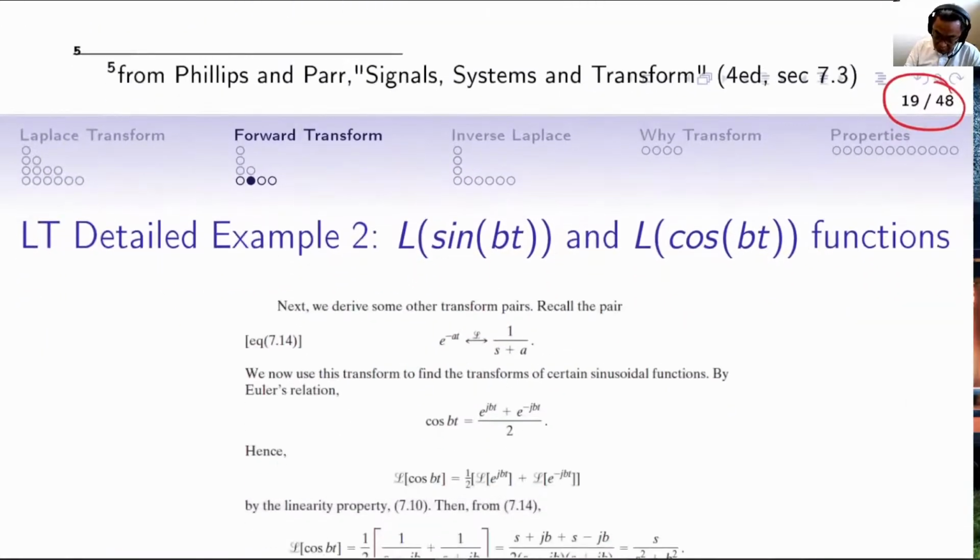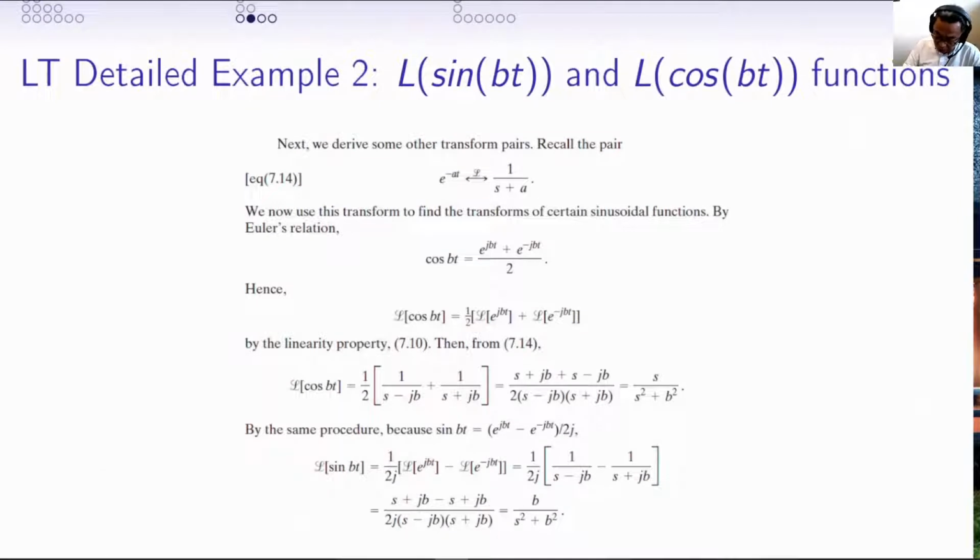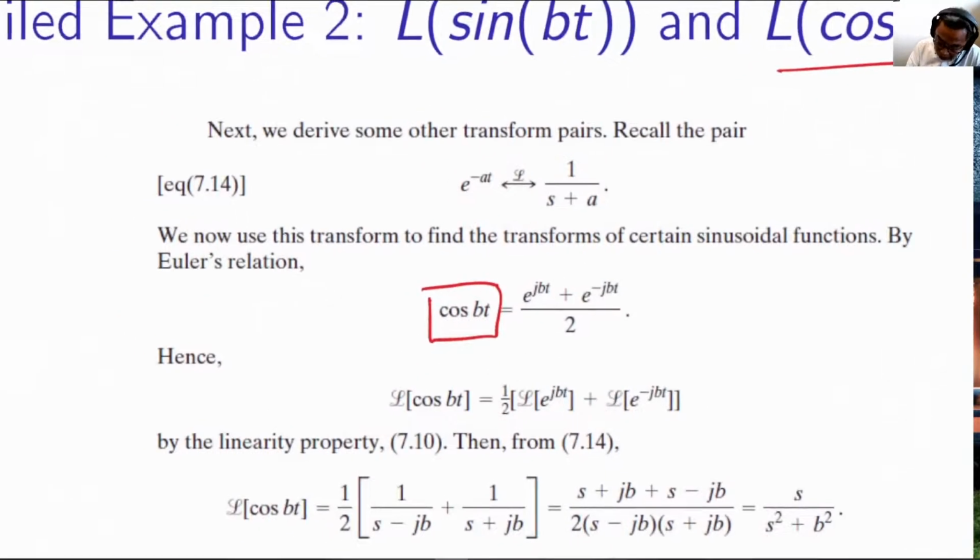In the next function, we are going to perform the Laplace transform of cosine bt. Now, recall that the Laplace transform of exponential minus at is 1 over s plus a.